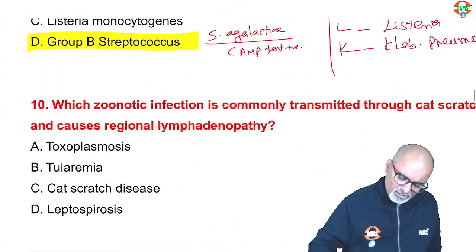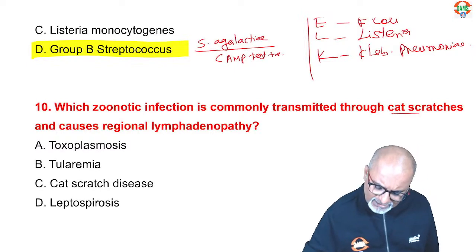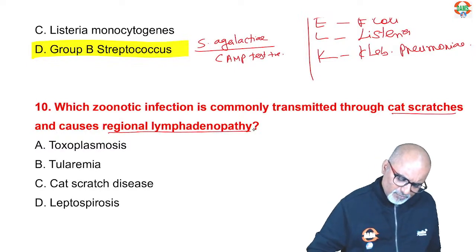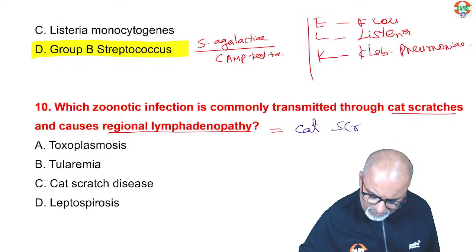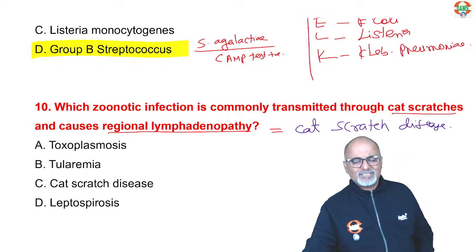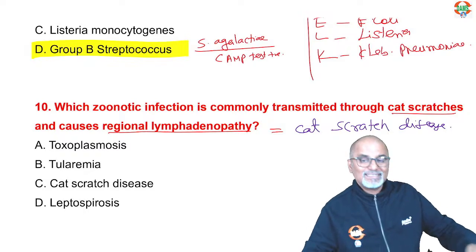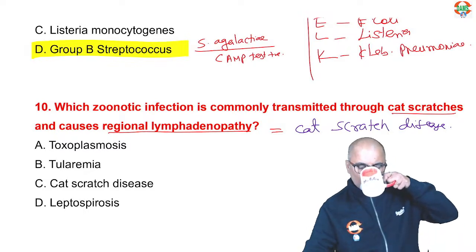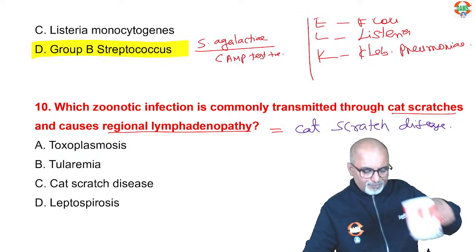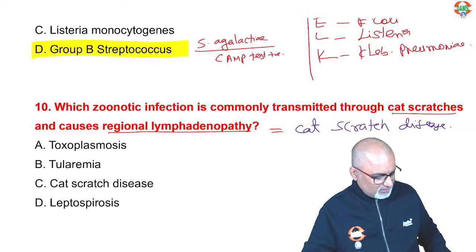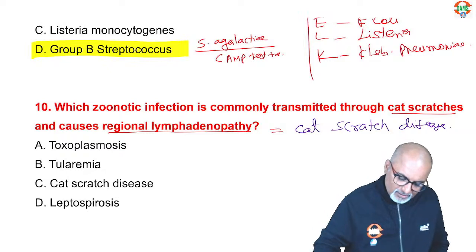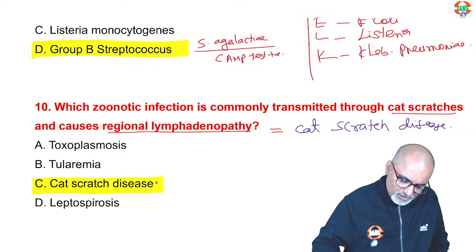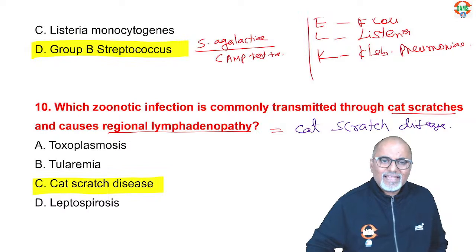Which zoonotic infection is commonly transmitted through cat scratches and causes regional lymphadenopathy? This disease we call cat scratch disease, which is caused by Bartonella henselae.